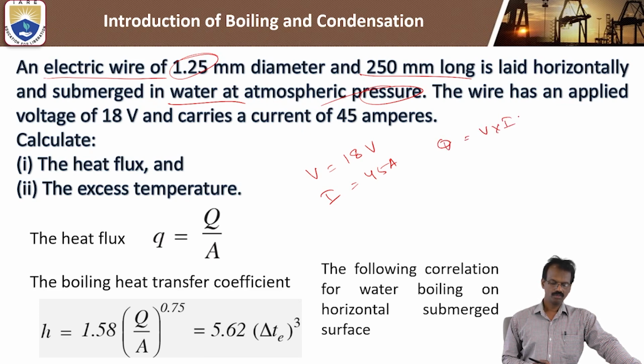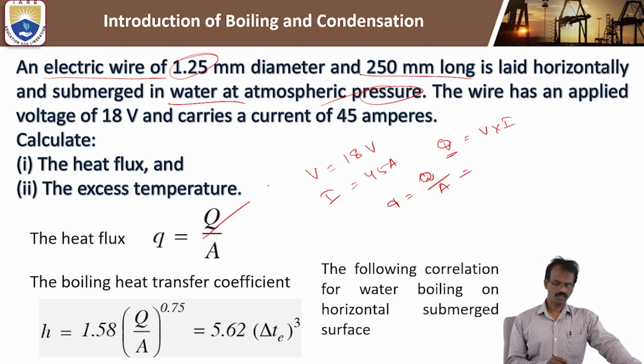Then if you know capital Q, you can find out heat flux. Heat flux is equal to Q by A. By using this formula, you can find it out. Next, the excess temperature, delta T, you also have to find out.